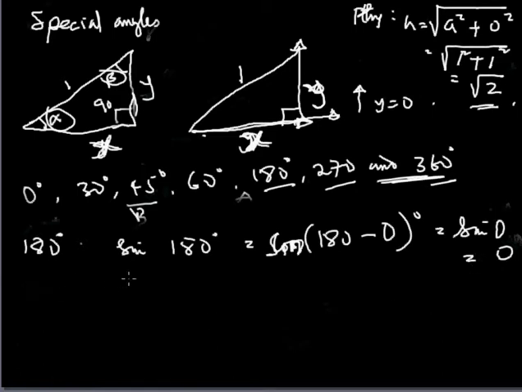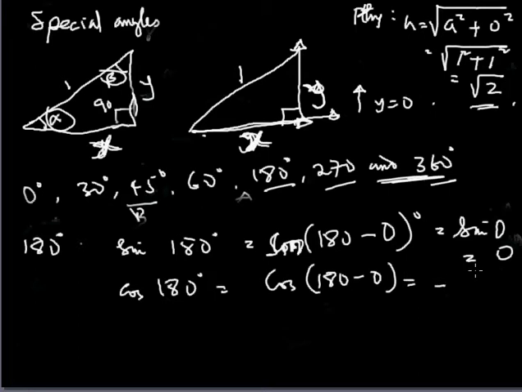And also note that cosine 180 degree is the same thing as cosine of 180 minus 0, which is equal to minus cosine 0 degree, which is equal to minus 1. Please note all this.